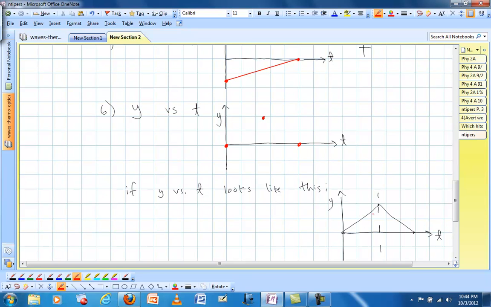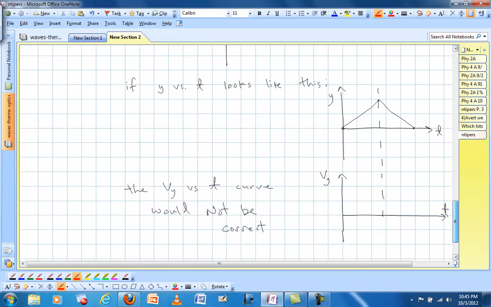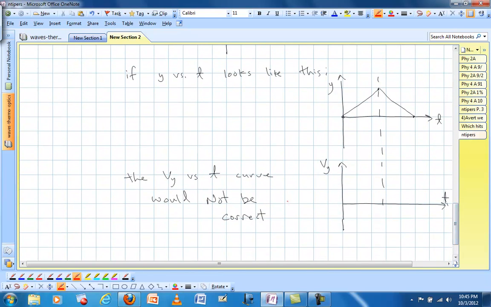If y versus t looks like this, with linear paths connecting those dots, then what is the velocity in the y direction going to look like? The velocity in the y direction would look like this.